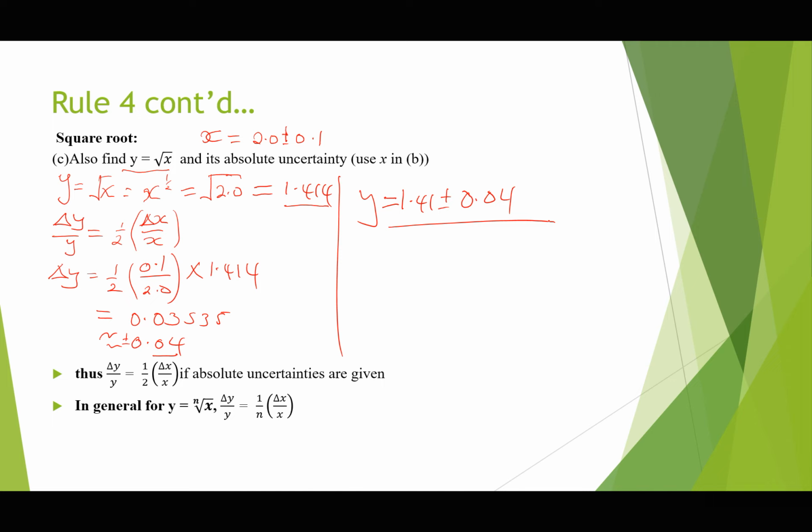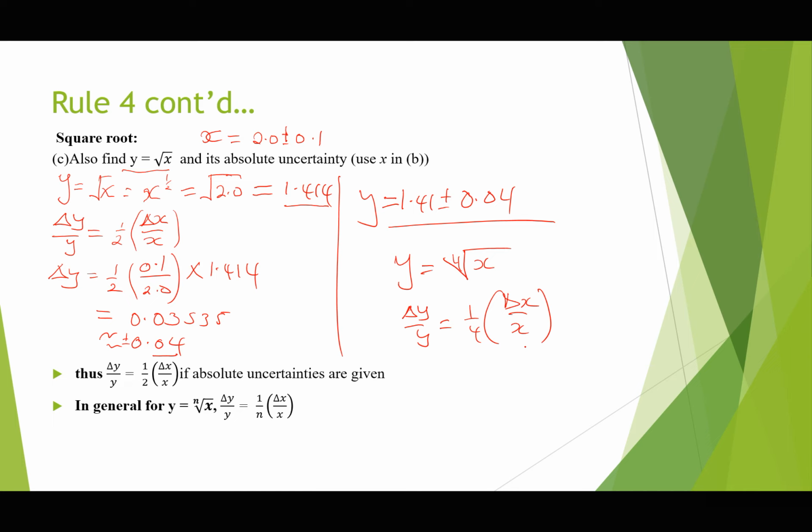It may not necessarily be a square root, it can be any root, it can be the fourth root. If we are told to find, for example, y equal to the fourth root of x, then the absolute uncertainty in y over y will be equal to a quarter of the absolute uncertainty in x over x, as simple as that.